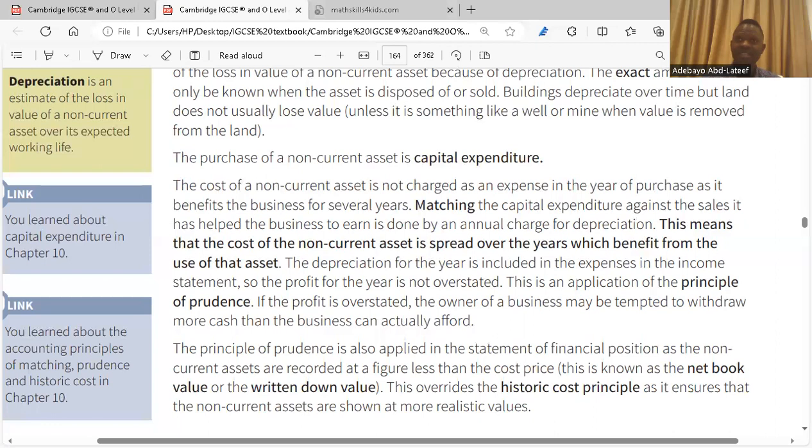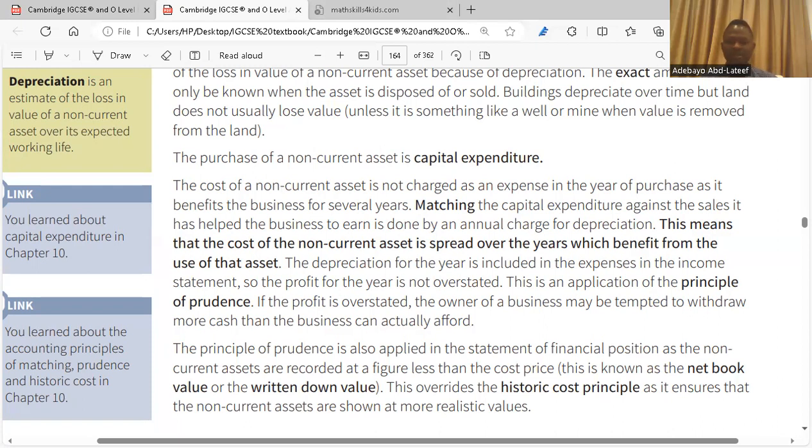You can't. It's a new asset. It does not have depreciation. So you have to record it at its historic cost. But as the years pass by, it starts depreciating. That is when you have to match the capital expenditure against the sales. Do you understand? So to match it, that is when you talk about depreciation.